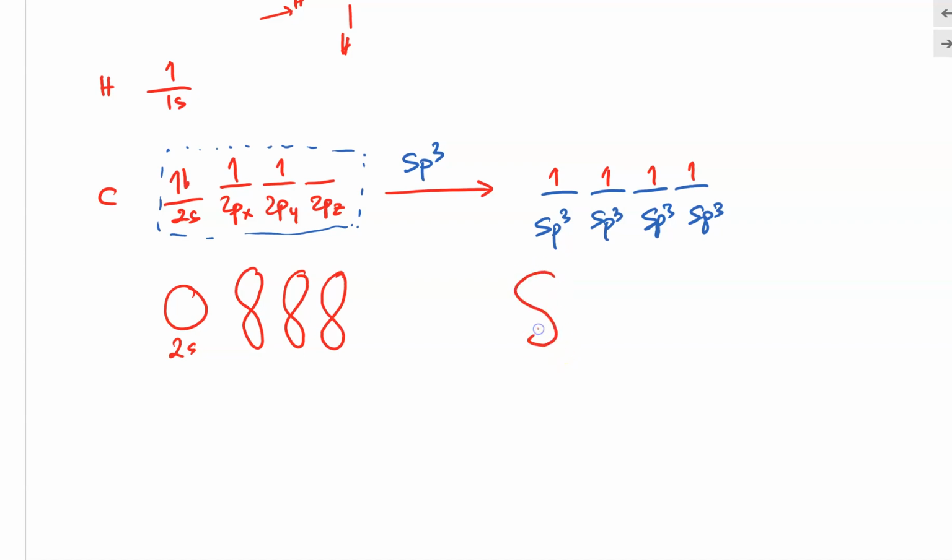This is basically how they would normally look. There you go, and there are 4 of them, each with 1 electron in it. So here are the 4 hybrid orbitals, and they meet together at the node in the middle. Basically, they meet right here.